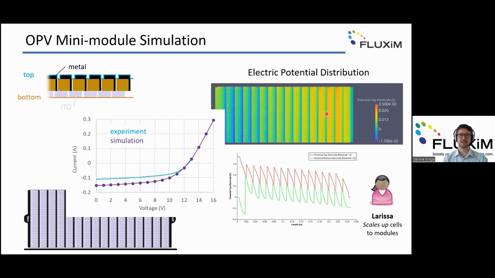Now, this is how the electrical potential goes into the mini-module. We know where there are potential drops, and we know the effect of the parasitic resistance in this mini-module. For example, we can try to optimize the configuration by changing the layout, by changing the lateral dimension of the single cells in series.